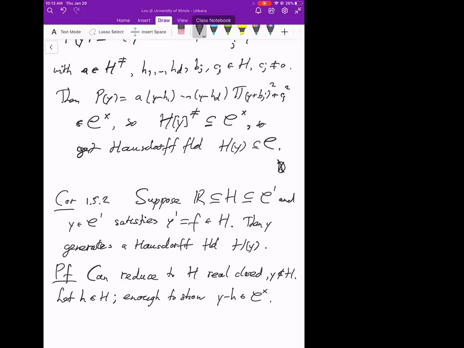But suppose this is not the case. Suppose Y minus H is not a unit. Well, that means that for arbitrarily large T, it will be 0. If Y is not eventually positive nor eventually negative, then it must have arbitrarily large zeros.